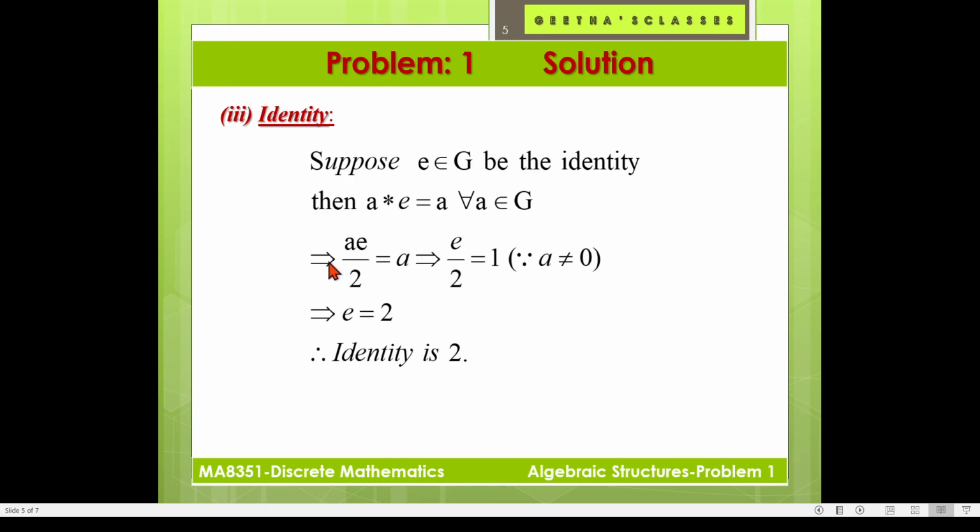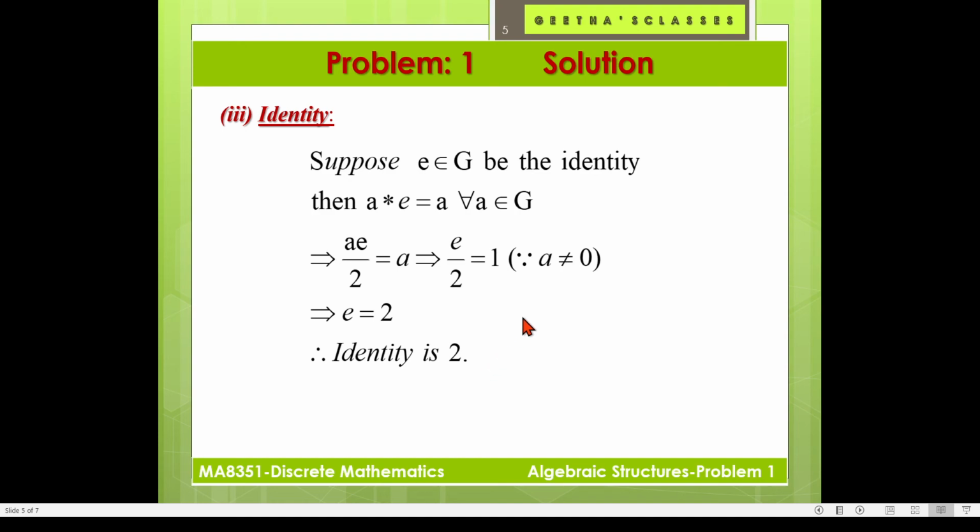So you can cancel a, and e by 2 equals 1. Cross multiplying the 2, we get e equal to 2. So the identity element is 2. We have found the identity now.